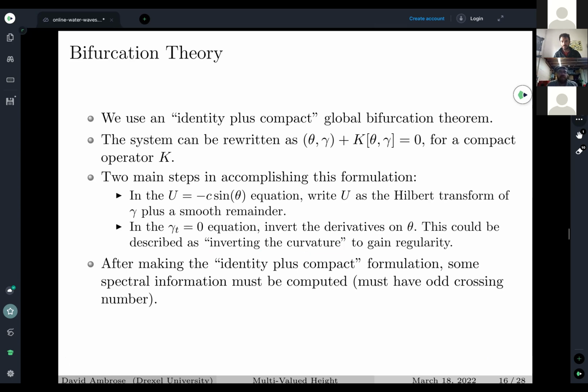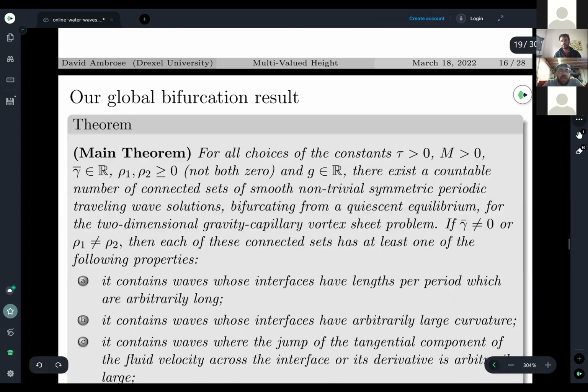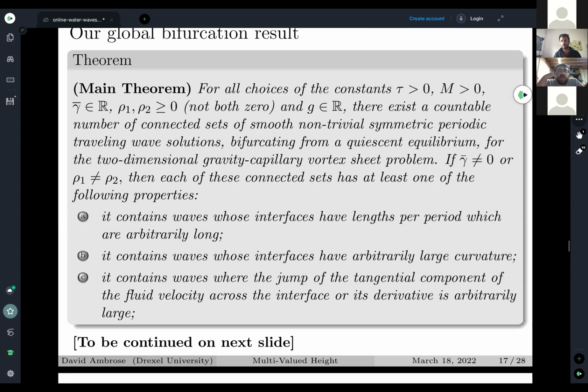So after making the identity plus compact formulation, some spectral information has to be computed. You have to have odd crossing number, but we get this global bifurcation theorem that you get a lot of traveling waves bifurcating from the quiescent equilibrium, so bifurcating from the flat state.